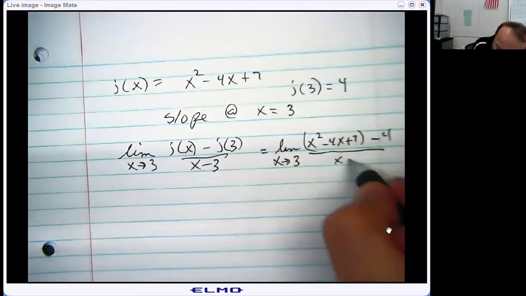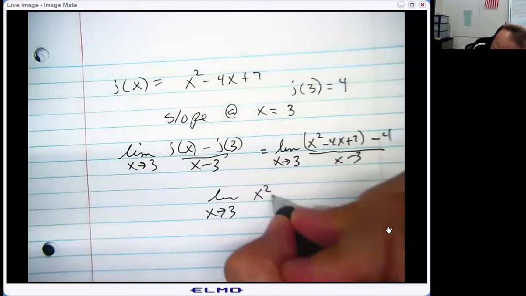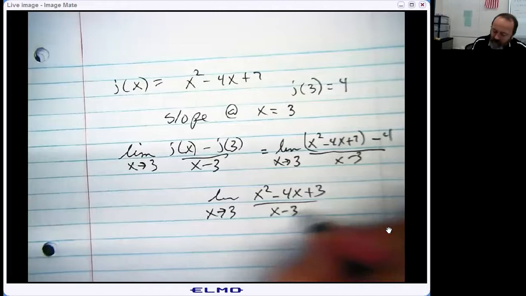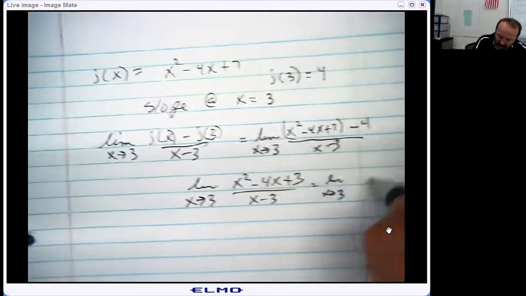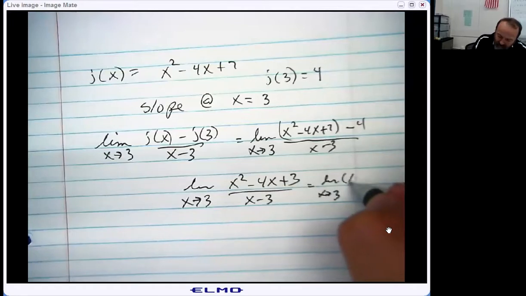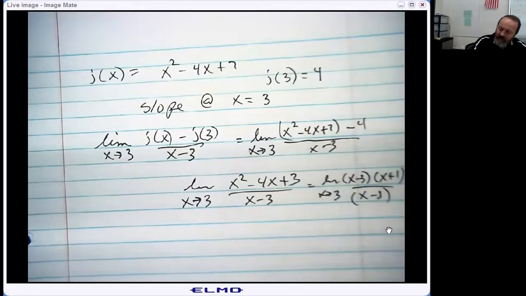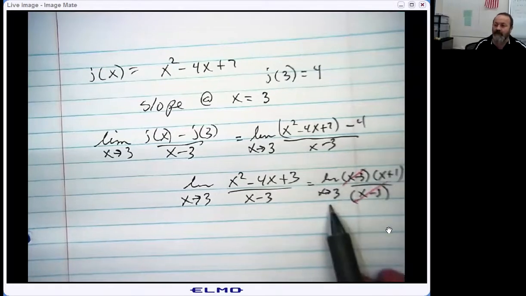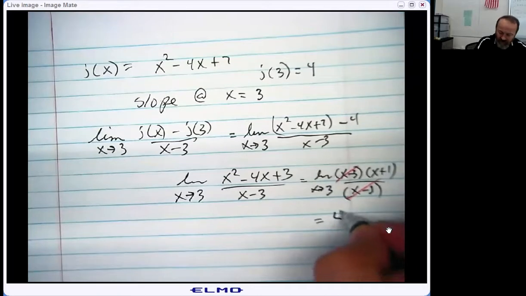If you do it this way, it's pretty amazing how fast the problems become, because we know, based on how they're designed, that they're going to factor really, really nice. This is x minus 3 times x plus 1 over x minus 3. You would see that these cancel again, and so as x gets very, very close to the number 3, this final answer gets very, very close to the number 4.